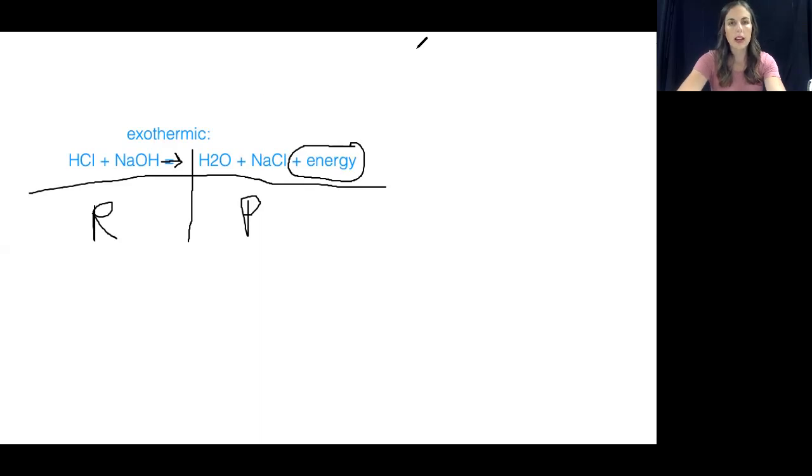Okay, so let's do a new one. I'm going to clear this out. And this is going to be endothermic. I don't know if this is going to let me make it. Okay, we'll try it.